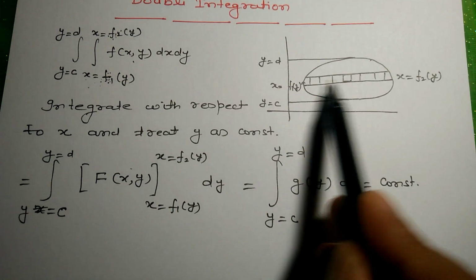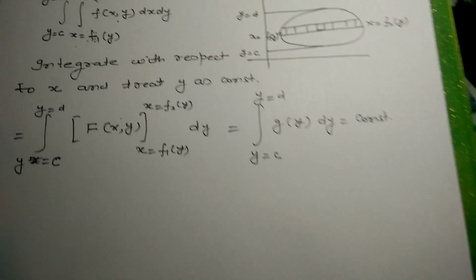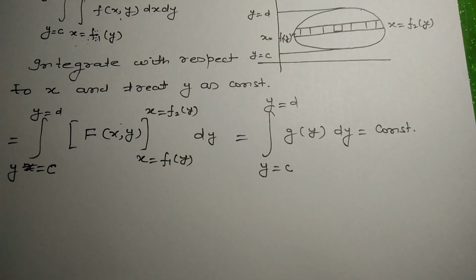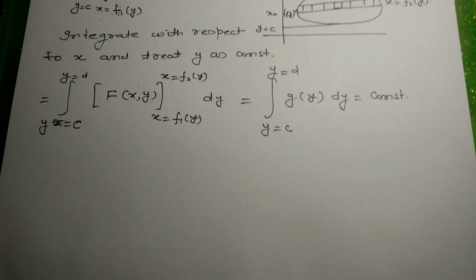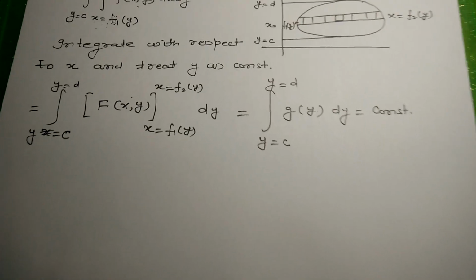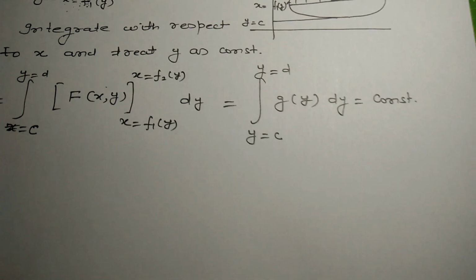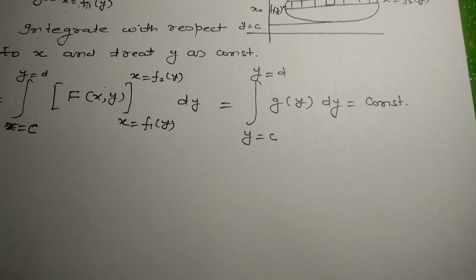You can take the horizontal strip in the same region, or you can take the vertical strip. Now the question arises, in what kind of region should we take which kind of strip? Here you have to be smart. Sometimes the region demands that you take a horizontal strip or a vertical strip.